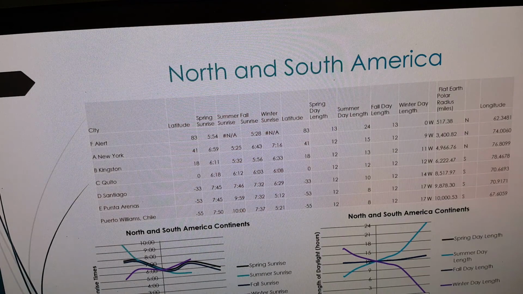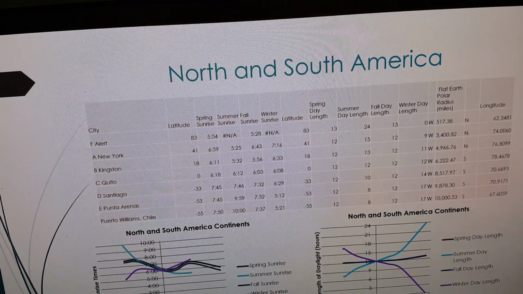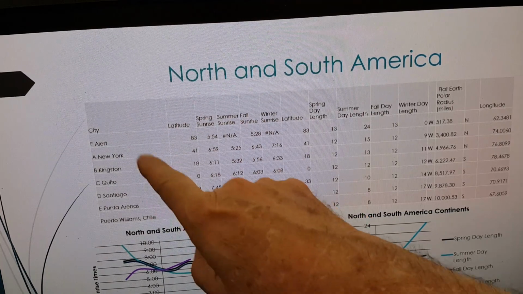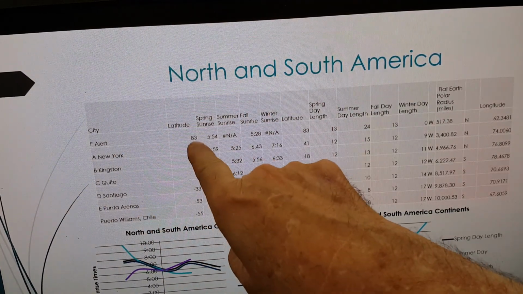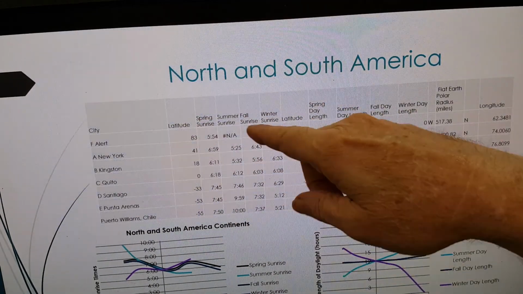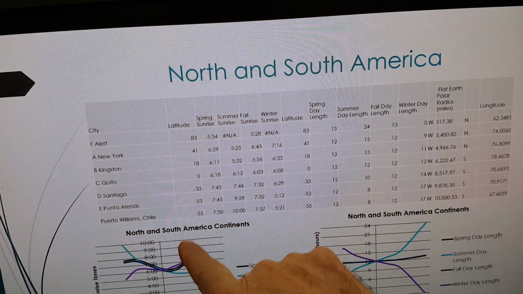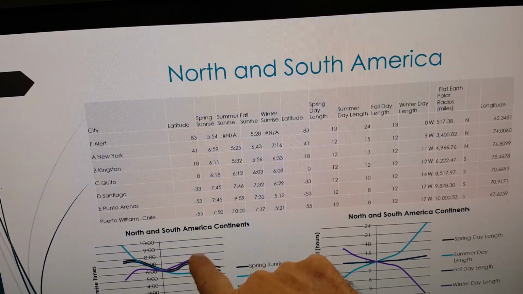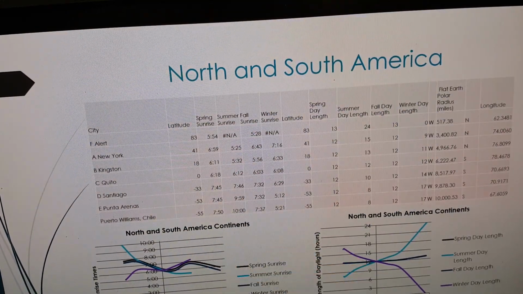Here is some data that I had from the North and South America points. You can see I had Alert, which was at 83 degrees, way far north, all the way to Puerto Williams, Chile, which was at 55 degrees south.